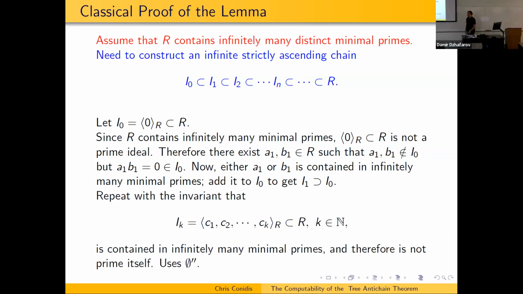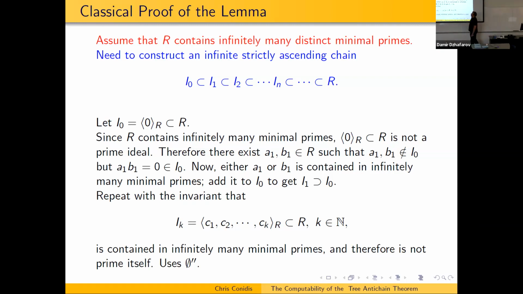That schema or paradigm, you can keep repeating it to construct a sequence of generators, such that the next generators are not contained in the span of the previous ones. And that's how you get your infinite strictly ascending chain of ideals, assuming that you have infinitely many minimal primes.